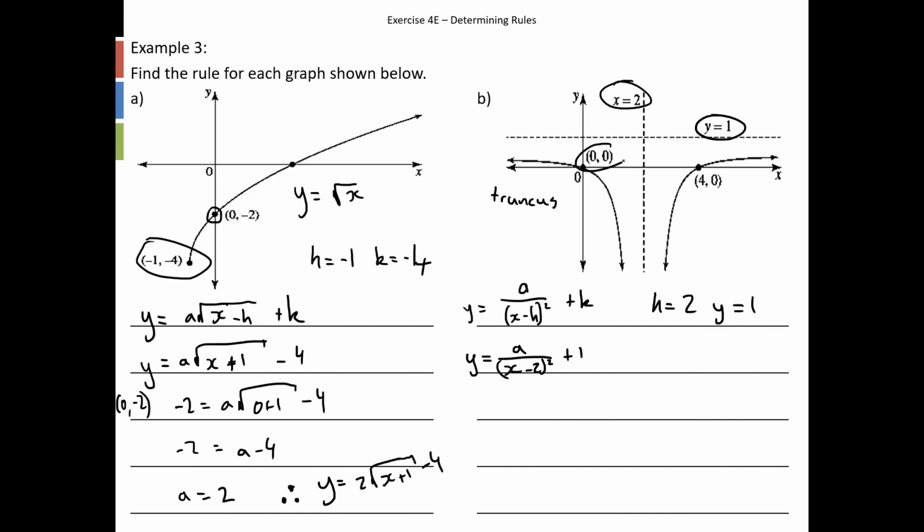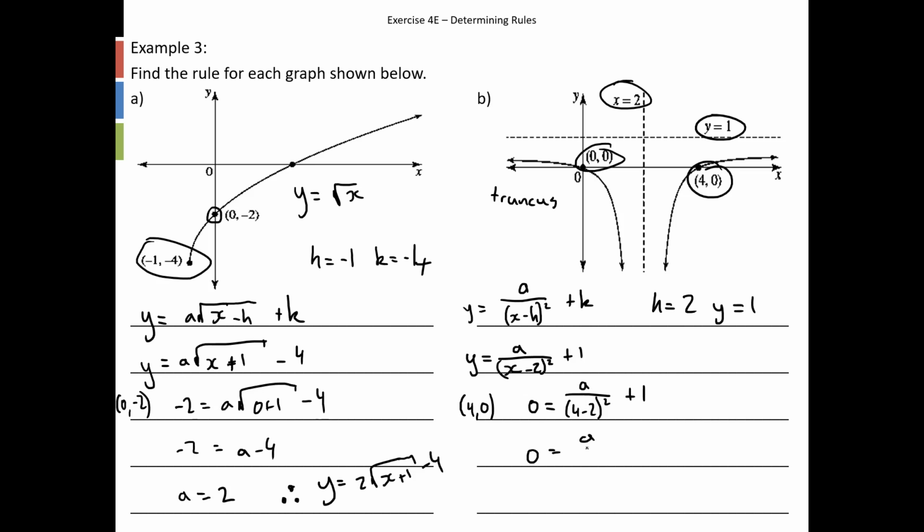We actually have two different coordinate points we can choose from. We can use 0, 0, or we can use 4, 0. Either one should work. I'm just going to use the 4, 0. So using 4, 0, we get 0 equals a on 4 minus 2 squared, plus 1.